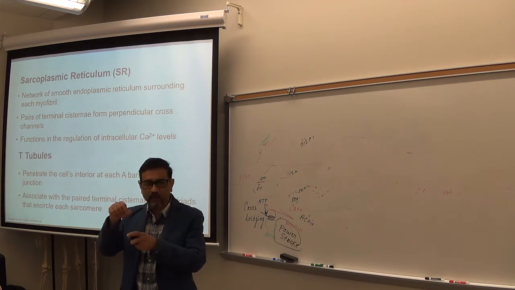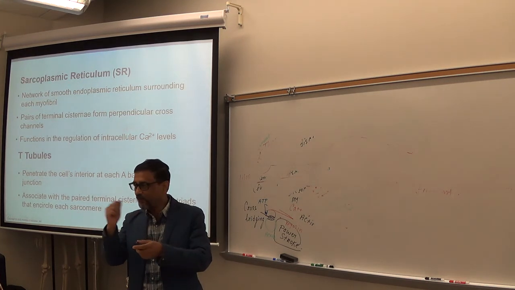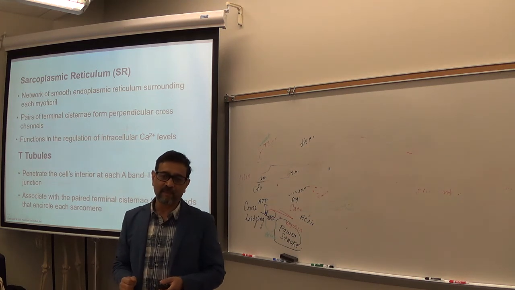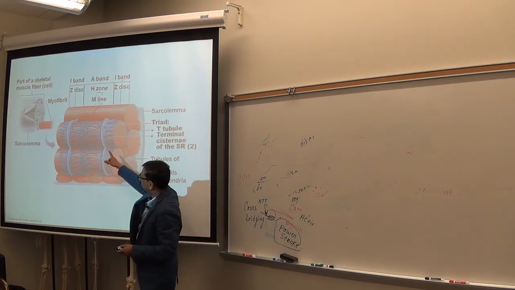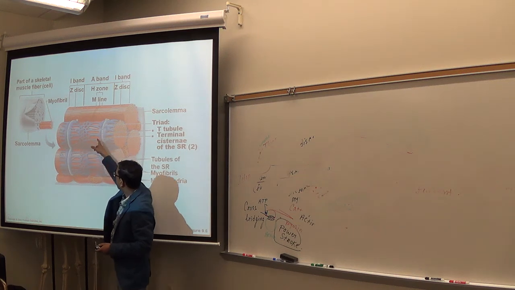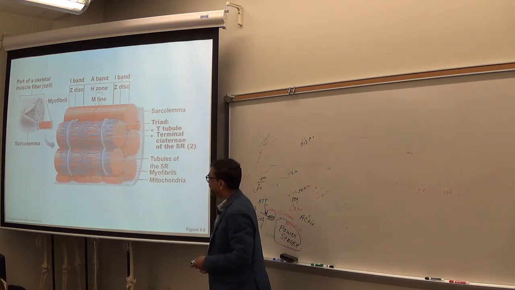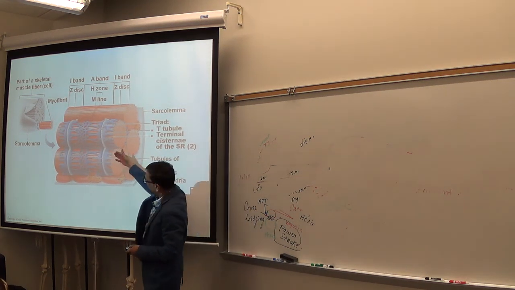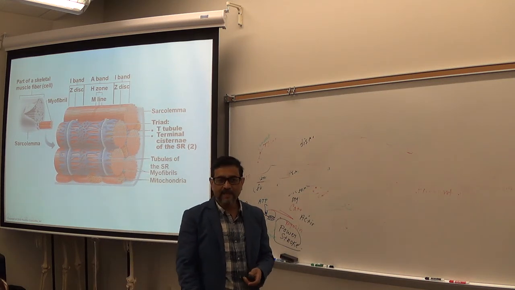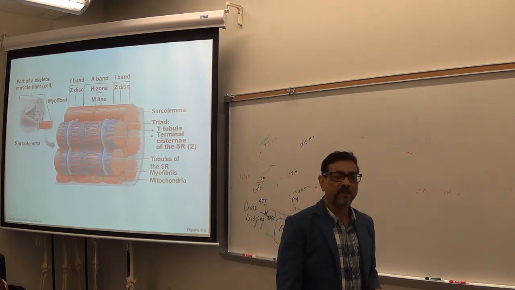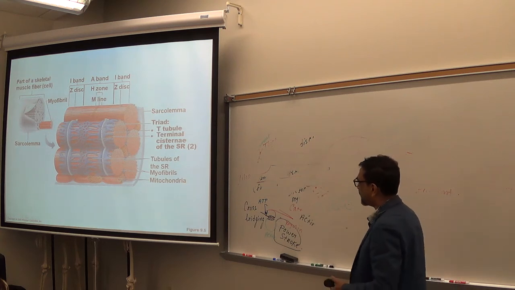And calcium binds with troponins, right? To move the troponins. From where does the calcium come from? Calcium is stored around the muscle fiber. So you see these blue structures, tube-like structures, they are connected to each other. That is called a sarcoplasmic reticulum, or SR.